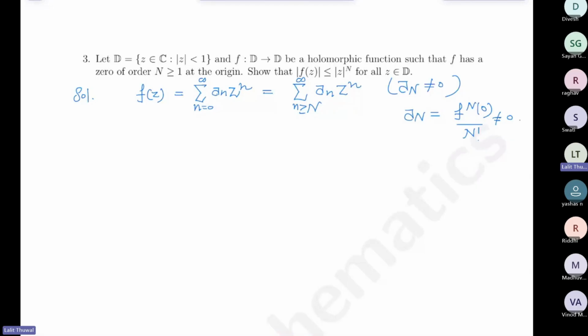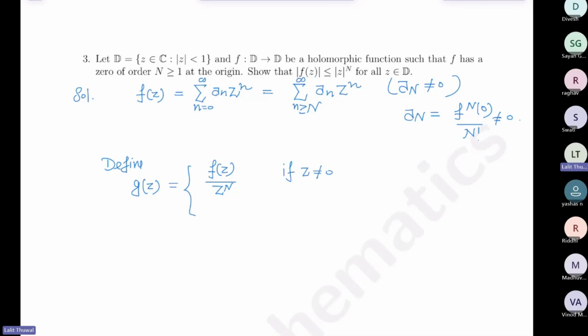So now define a function g(z) equal to f(z) over z to the power n. What do we want to prove? We want to prove that mod of this function is less than or equal to 1, right? So we are defining this function if z is non-zero.